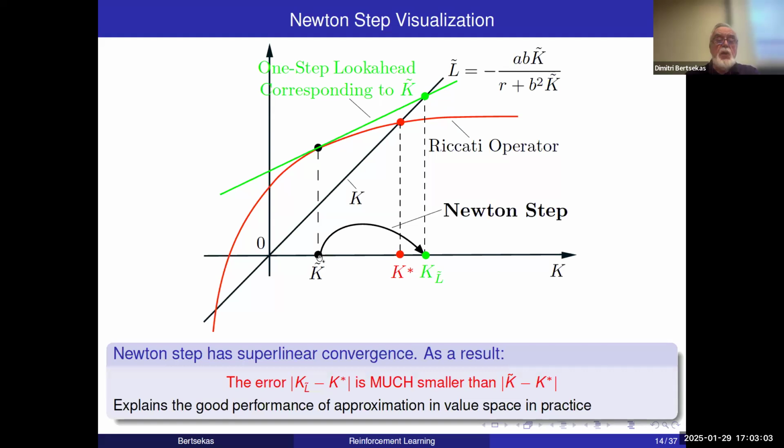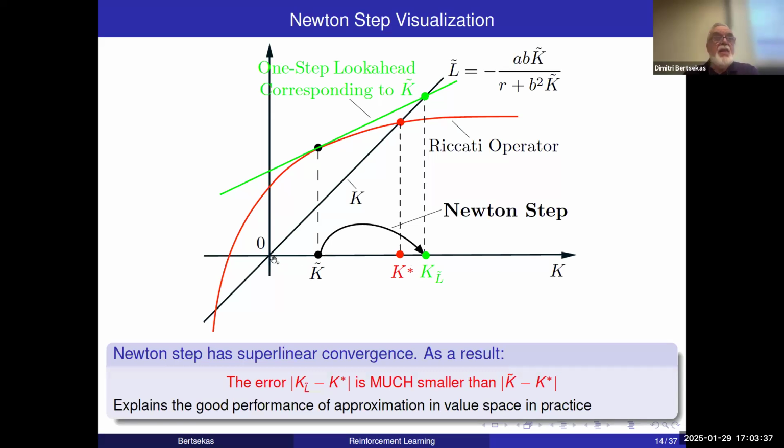So the Newton step takes you from here to here. And superlinear convergence means that this thing here is much bigger than this thing. And as K tilde approaches K star, the ratio between these two becomes very, very tiny and converges to zero in the limit. Okay, that's superlinear convergence. So if you're close, in one step, you get extremely close to the optimum.